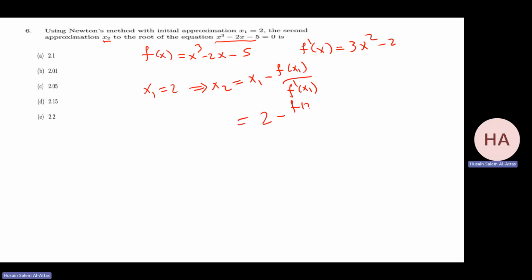With x1 equal to 2, it is 2 minus f of 2 over f prime at 2. f of 2 will be 8 minus 4 minus 5, that is -1, over f prime at 2, which is 3 times 4, 12 minus 2, that will be 10. So it will be 2 plus 1 over 10, which is 2.1.